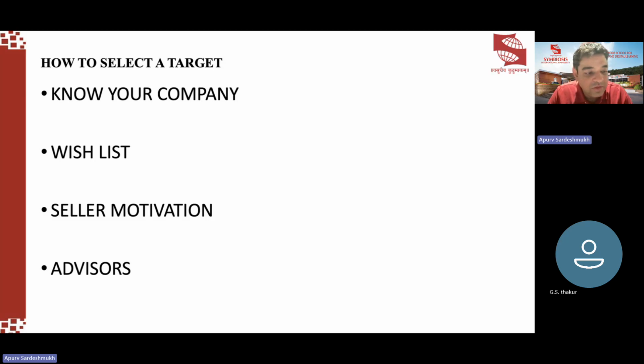They will conduct a legal due diligence, tell you that the company is legally compliant, in a proper place, validly incorporated or registered. The shareholding pattern is valid. There are no hidden elements around it. So all of that will be very important from a target perspective. So, these are a few more important criteria in terms of determining how to select a target.